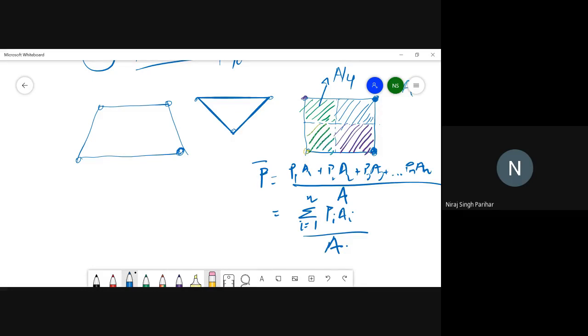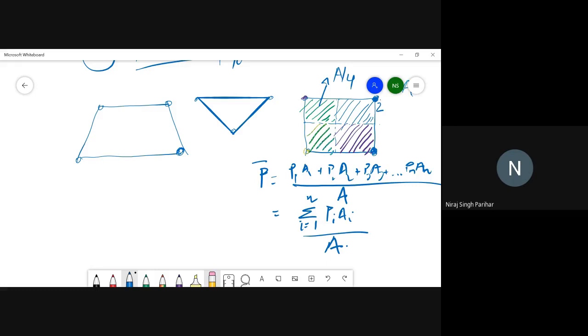ठीक है? अब weighted average क्यों ले रहे हैं? Why we are taking the weighted average? Because it has got an advantage that suppose if by chance this station covers a larger area. Okay, suppose this is the P2 rainfall value, this is station number 2, and this covers a larger area.